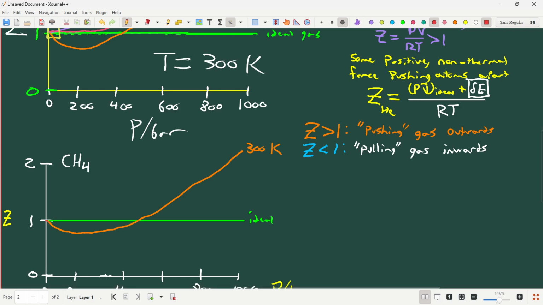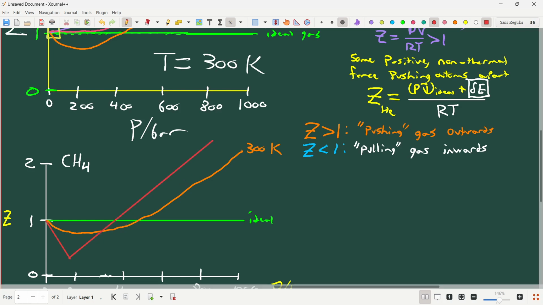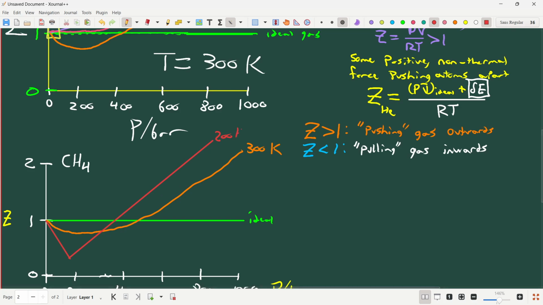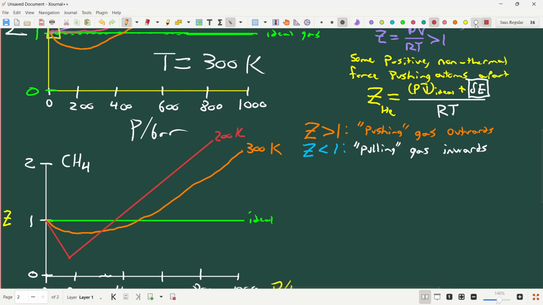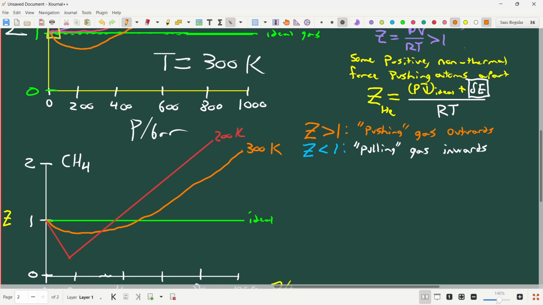Well, the negative deviation dips even more, and then it actually climbs faster as pressure increases, like that. And then as we heat the system more and more, the deviations start to level out a little bit.